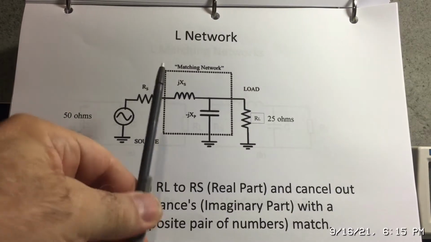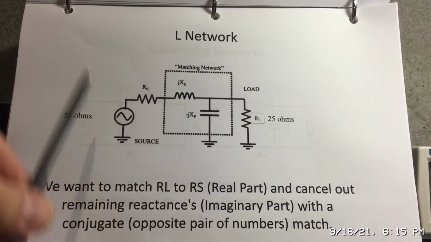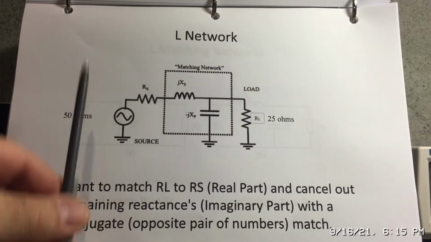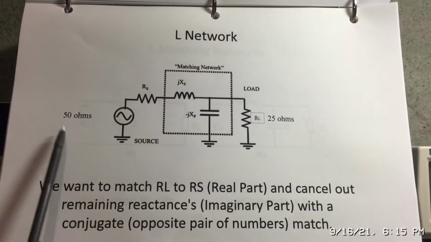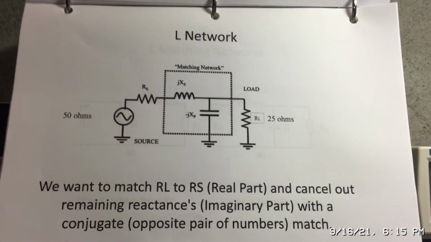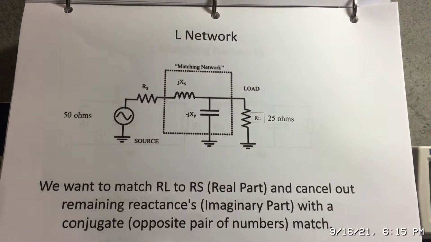These circuits are used to transform the source impedance to a load impedance. In this example, we're going to go from 50 ohms to 25 ohms, and I'm going to demonstrate that using these oversized components that you saw a minute ago. All right, so what are we actually doing here?